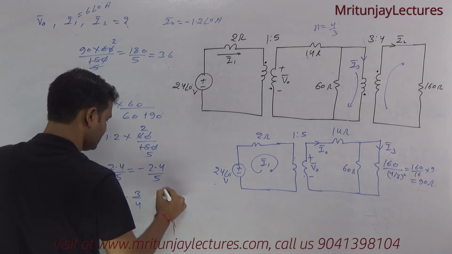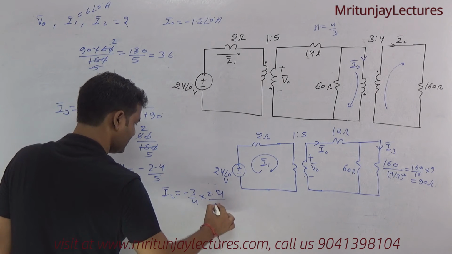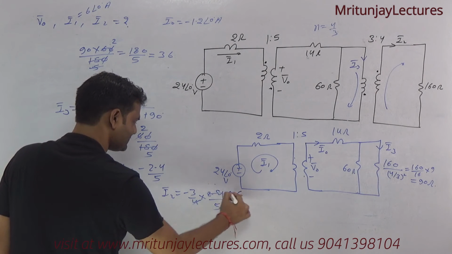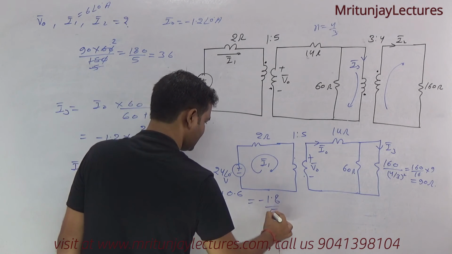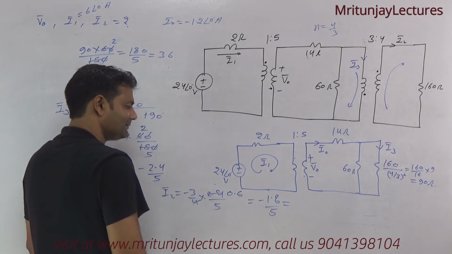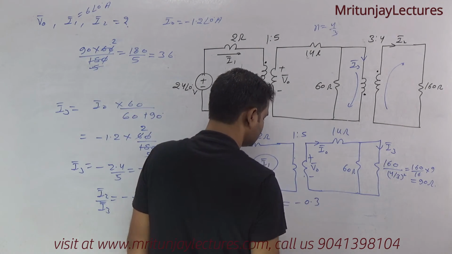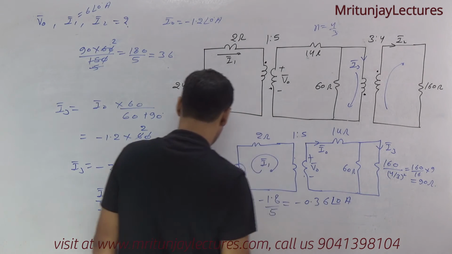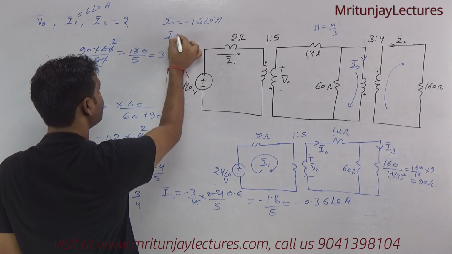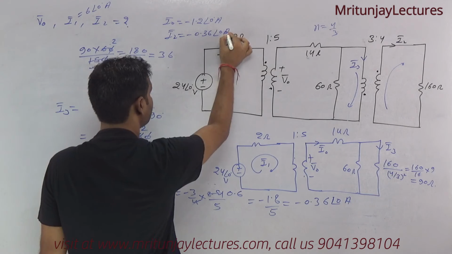So I2 is minus 3 by 4 into 2.4 divided by 5, that is 18 divided by 5... so I2 is minus 0.36 at the angle 0 ampere.